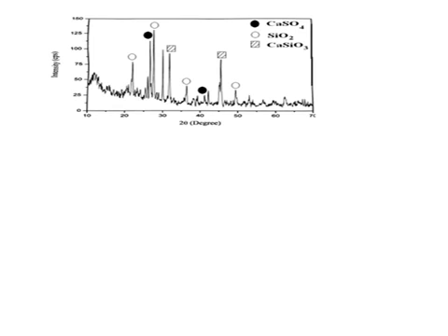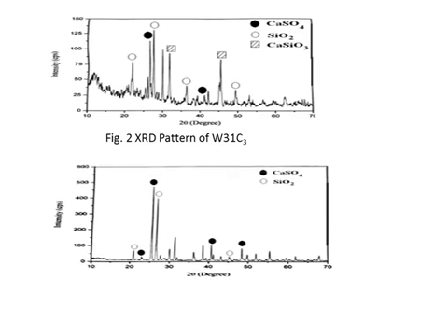This is the XRD pattern of the sample with a 3:1 ratio fired at 1350 degrees Celsius and soaked for 3 hours. This is the XRD pattern of the sample prepared with a 3:1 ratio fired at 1300 degrees Celsius with a soaking time of 3 hours.